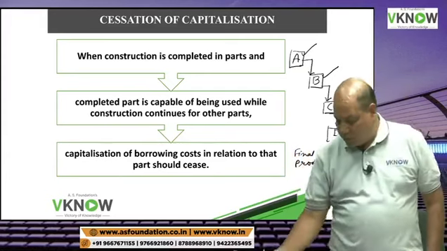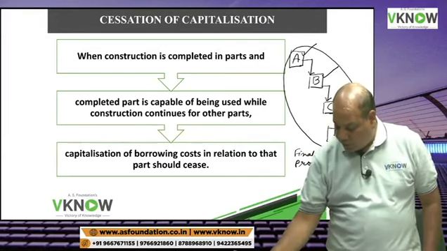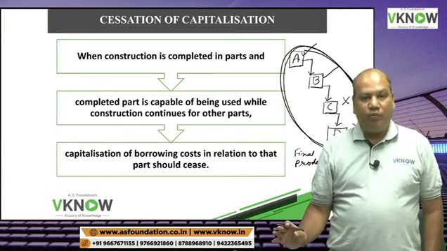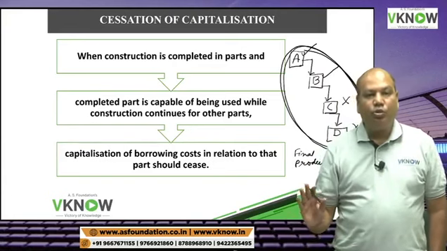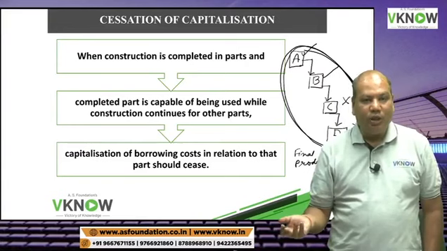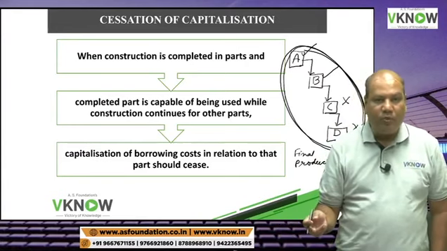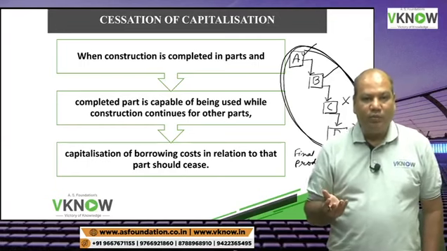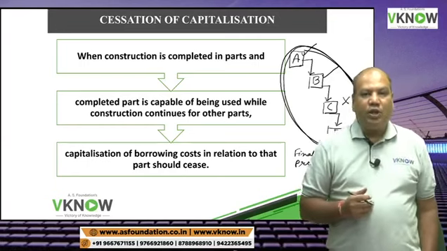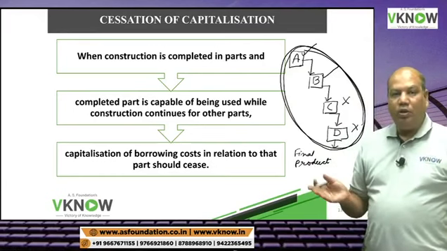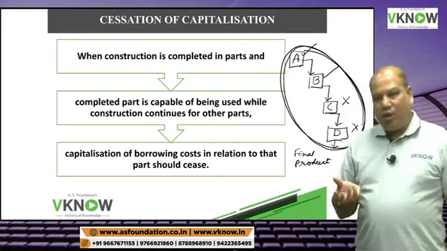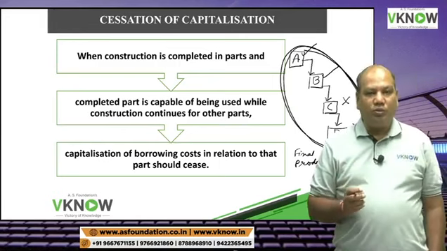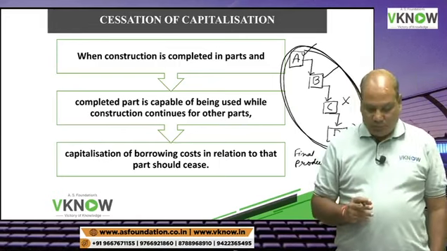The standard says continue to capitalize the borrowing cost even though A and B are complete but they cannot be used independently. In my previous example of the amusement park, buildings A and B could have been used independently without waiting for C and D to be complete. But here, unless C and D are complete, A and B also cannot be used. So we will continue to capitalize the borrowing cost for the entire plant.